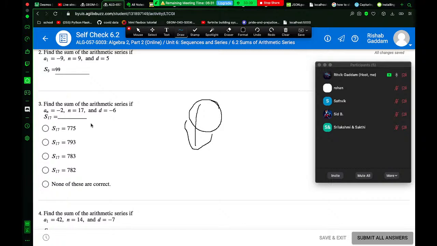Yeah, we're on number 3. Satvik is doing number 3. Yeah, it's almost time to leave.